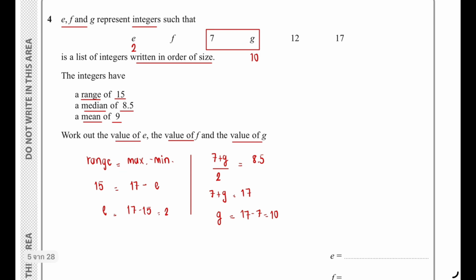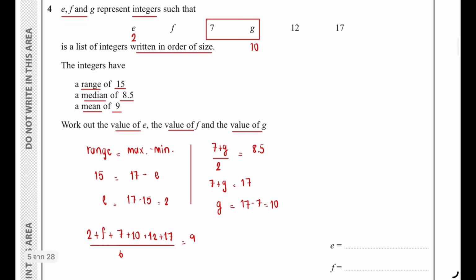In this case we have 2 plus F plus 7 plus 10 plus 12 plus 17, divided by 6, since there are 1, 2, 3, 4, 5, 6 numbers, equal to 9.